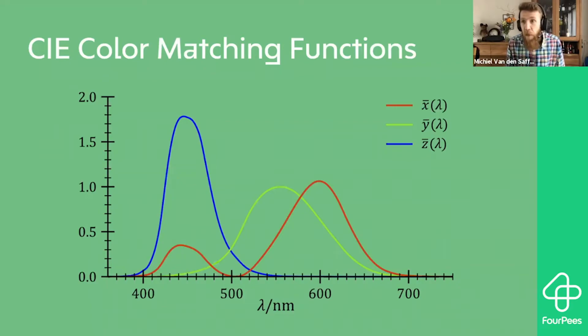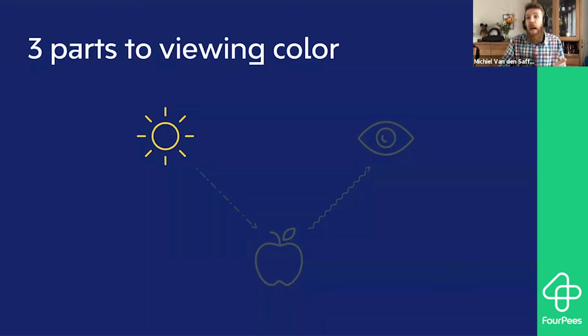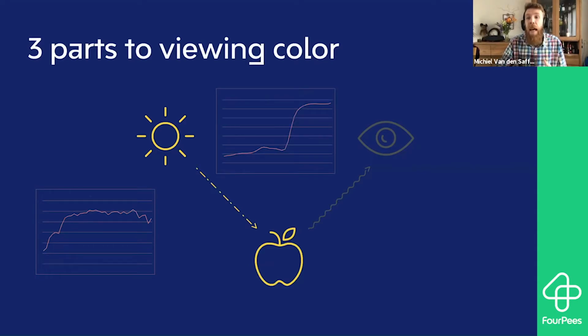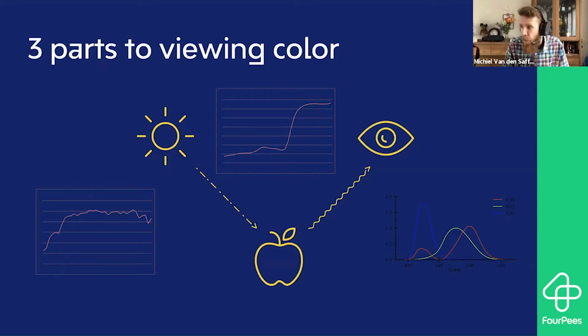And that means we now have mathematical data for a standardized color source, being the light. We have mathematical data for our object because we can measure the spectral reflectance of objects, which is this curve for the apple. And we have mathematical data for our human observer, which are these three color curves.